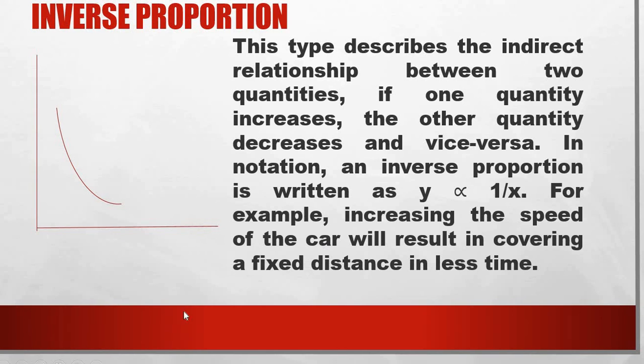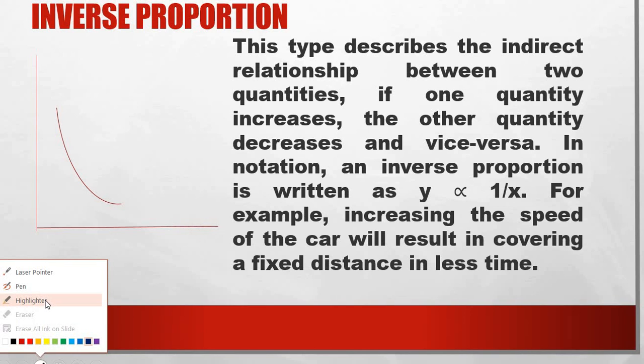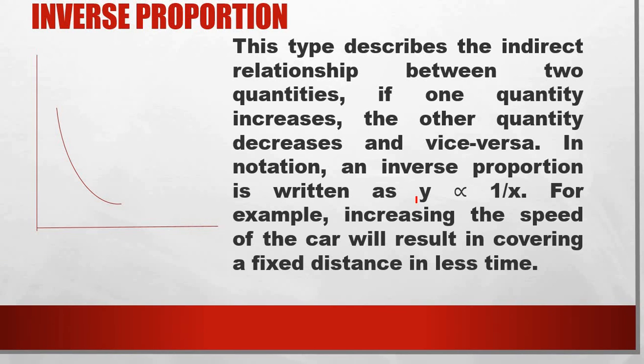So we have the sign of proportionality, and this is how inverse proportionality is represented. So I'm having y. Okay, this is the sign of proportionality, and then you will have it as 1 over x, because increase in y will cause decrease in x. Okay, so example is increase in the speed of the car.